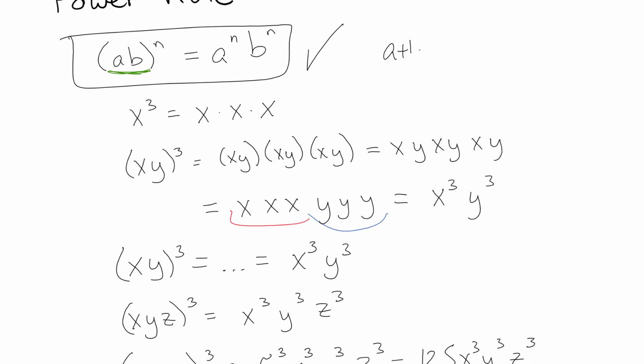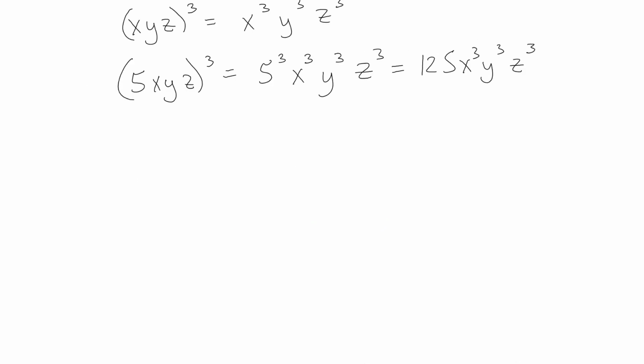But if I had a plus b to the n, that's not equal to a to the n plus b to the n, because that doesn't work. Don't you love whenever professors say things like, that doesn't work, because clearly. Let me give you a good reason why. Let's say I had 3 plus 2 squared. I can't go 3 squared plus 2 squared, because that would be 9 plus 4, which is 13, where clearly 3 plus 2 is 5, and 5 squared is 25.